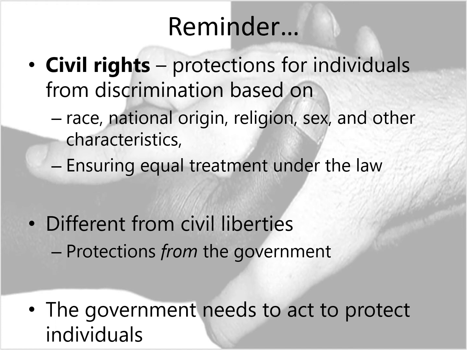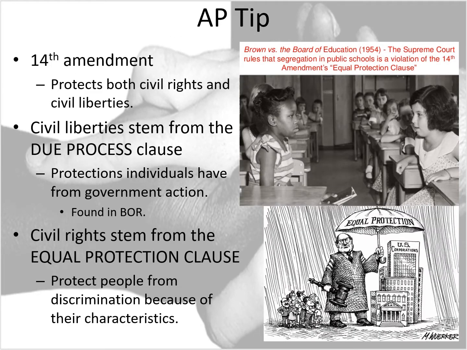Just think of your Bill of Rights, yeah. But it also can give us civil rights. So our civil rights stemming from the 14th Amendment specifically come from the Equal Protection Clause.